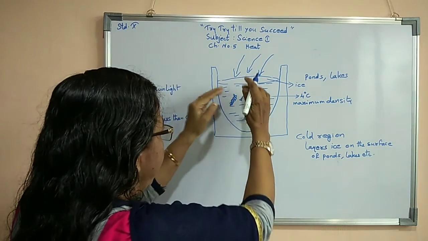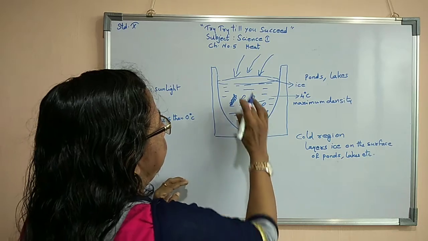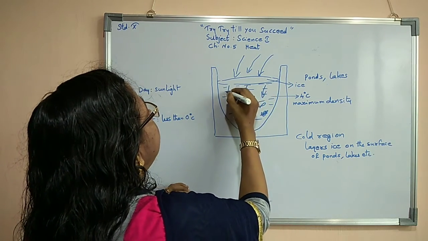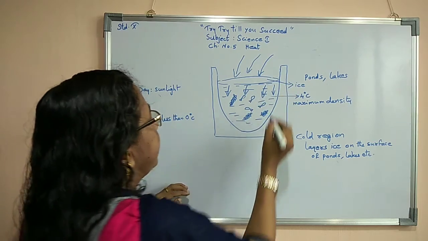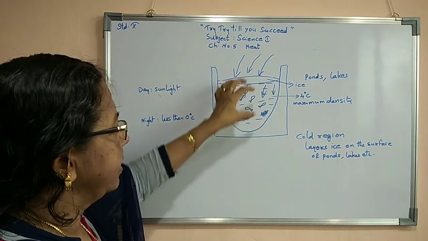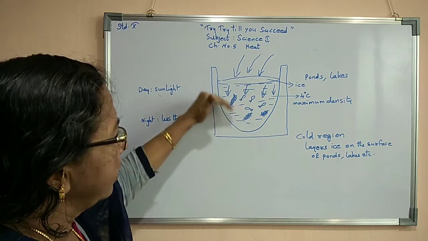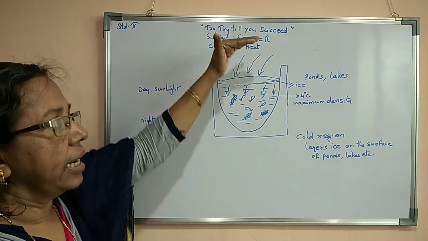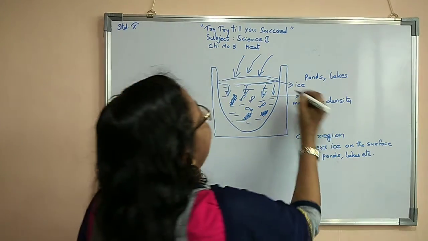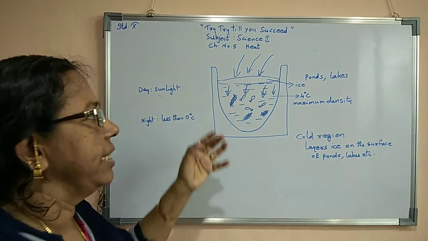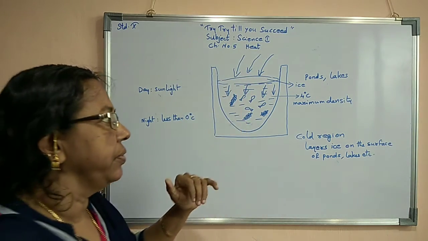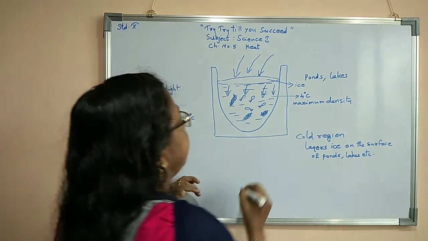As a result of it, water comes down. This water becomes cold when it is reaching 4 degrees Celsius. Normally the temperature will be 20 degree, 25 degrees Celsius, that reducing up to 4 degrees Celsius it is becoming.